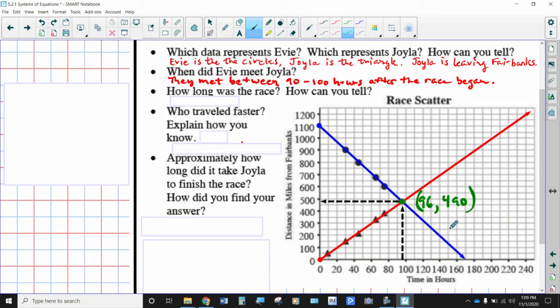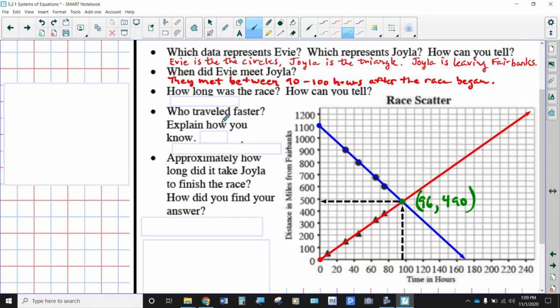So in this particular situation, you've got two different lines, which could be modeled with two different equations, and their intersection point is the one point that is a solution for both of these lines. That's a point on both lines, which means it's a solution to both of the equations.